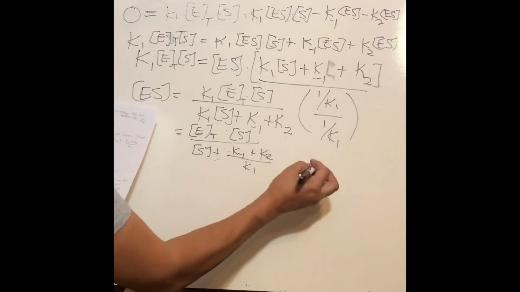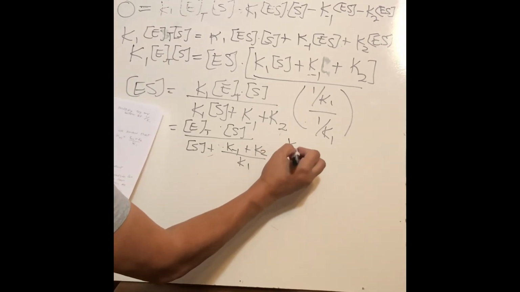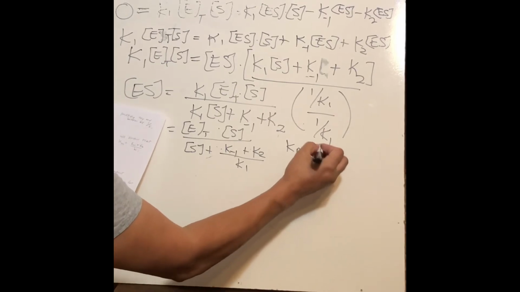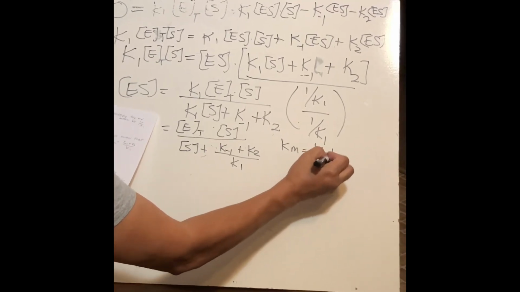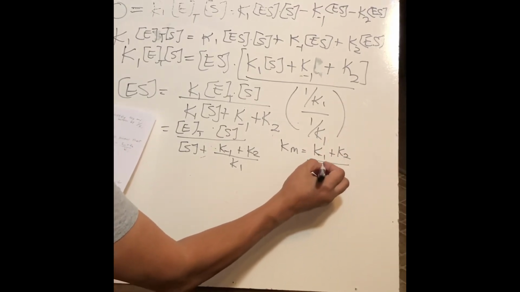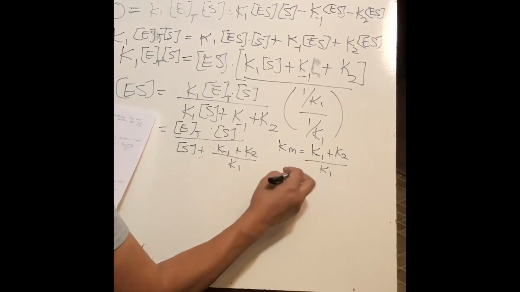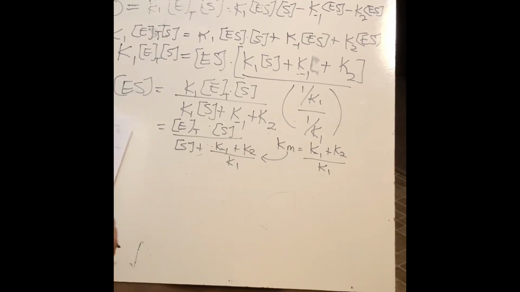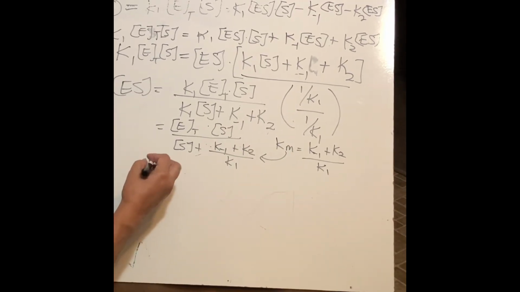And we know that Km equals K to the negative 1 plus K2 over K1, and we can substitute that there.